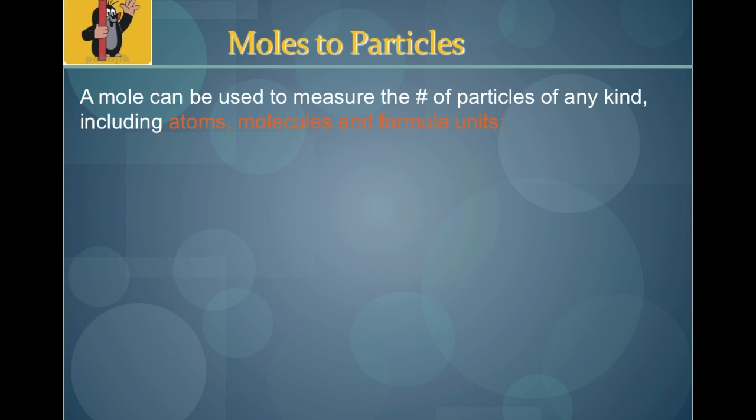But it's a very useful number for measuring the number of atoms, molecules, or formula units, and it's always going to be the same. So 1 mole of oxygen atoms is 6.02 times 10 to the 23rd atoms. Here I rounded. It's not exact; it's 6.022, and you can even add more significant figures, but we'll just say 6.02 times 10 to the 23rd atoms.